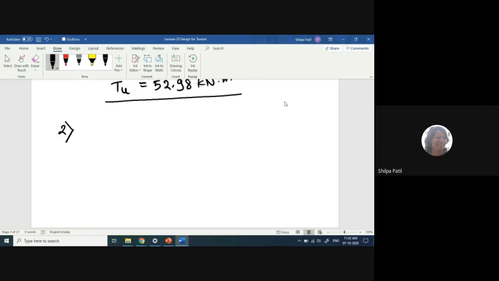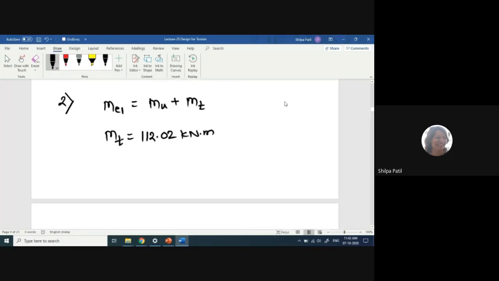To find out ME1, you have to first find out MT. Quickly tell me what is the MT value. I will not write down all expressions now. MT is 112.02. Put the values of MT and MU in the equation and tell me ME1.